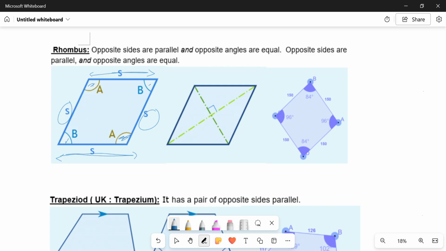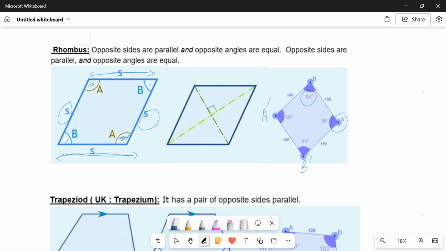Now here are the diagonals. In the second diagram of the rhombus, there are four parts here, right? And the last is the example of the rhombus, like 84, right? This angle B and this B dash, they both are the same, and this 96 degree A and this A dash, they both are the same, right?